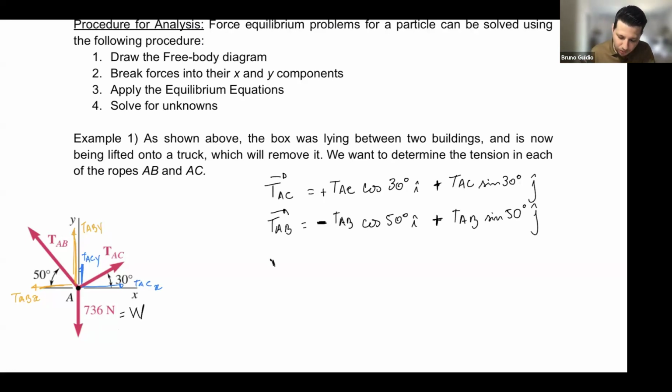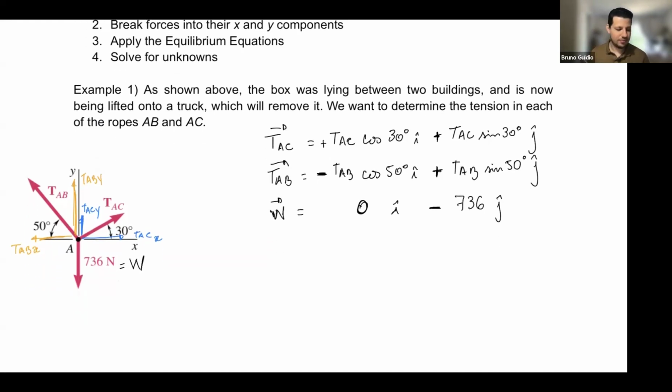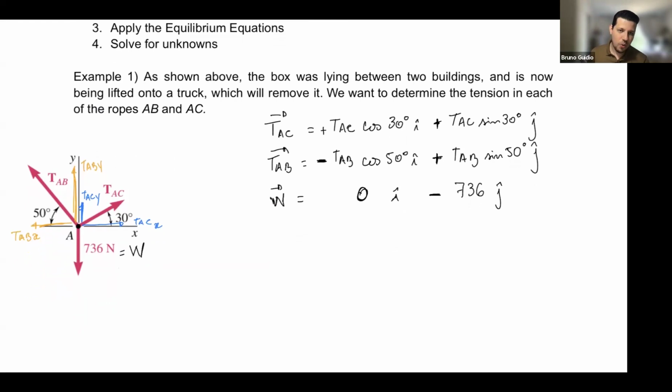What about W, the weight vector? The x component is 0. All of it is on y, going down: negative 736 j hat. Sounds good? So what should I do now? Apply the equilibrium equations.